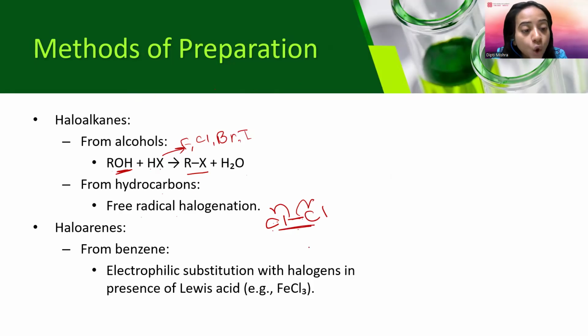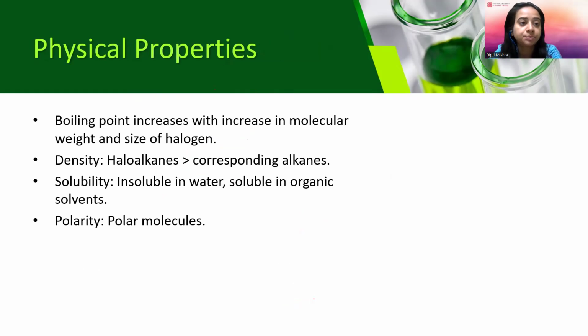After that, we have haloarenes. So how can we prepare haloarenes from benzene? Electrophilic substitution with halogen in the presence of a Lewis acid, for example FeCl3. Ferric chloride is known as a Lewis acid. So in the presence of a Lewis acid, an electrophilic substitution reaction will happen with halogen, and then haloarenes will form. Later on, we will see the mechanism.